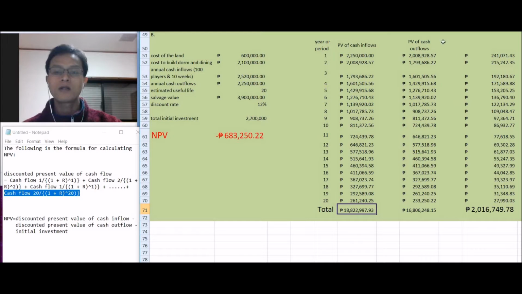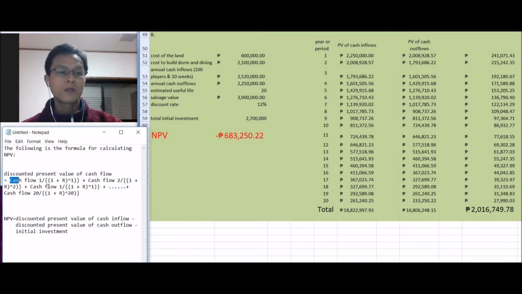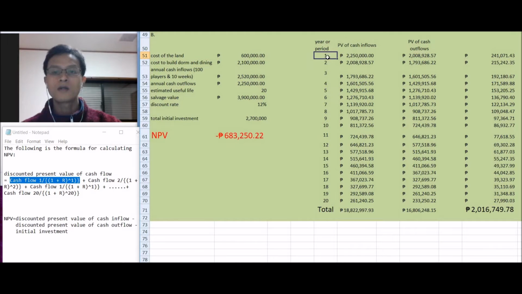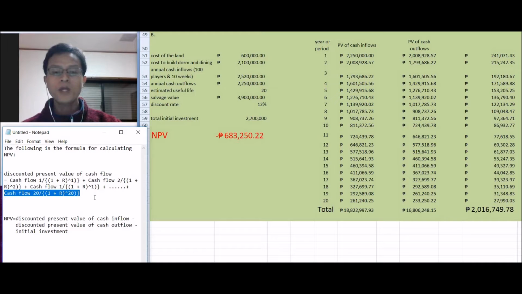The same goes with the cash outflows. The procedure is still the same. Cash flow number 1 for year number 1 divided by 1 plus the rate, which is 12%, raised to the power of whatever year you're on. Continue the process until you reach year number 20. So it should give this amount in here.